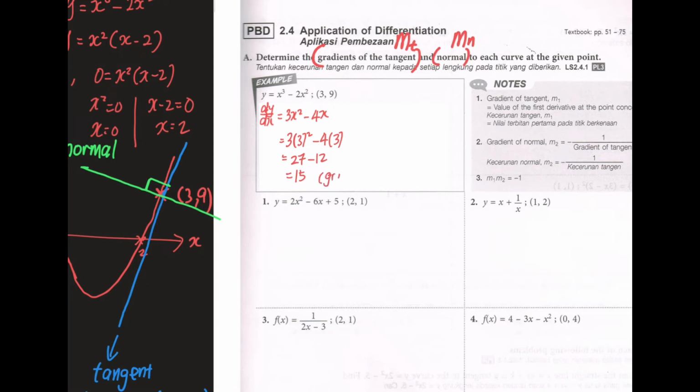So this 15 is the gradient of tangent. I have no space to write that long because I still need to find the gradient of normal, so I just call it gradient of tangent equal to 15, mt.